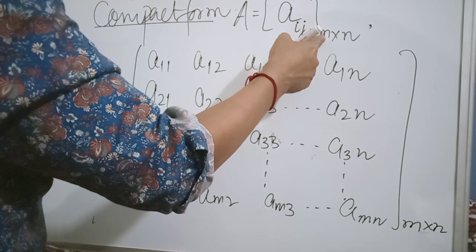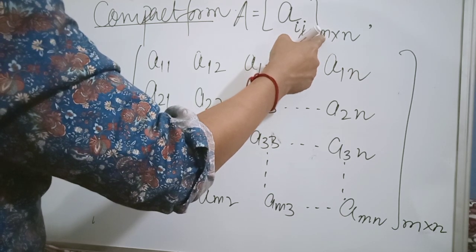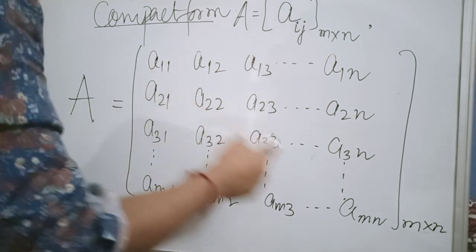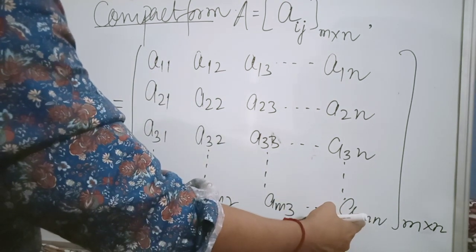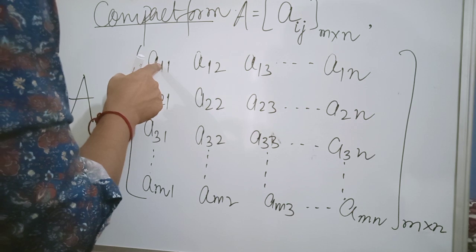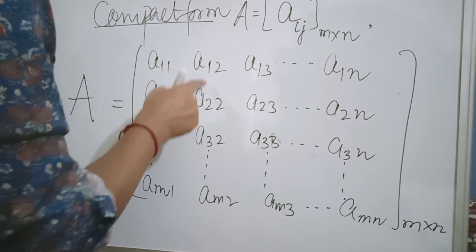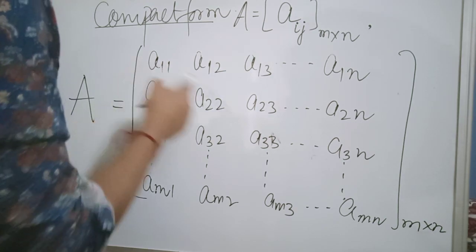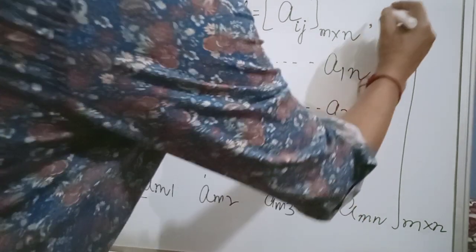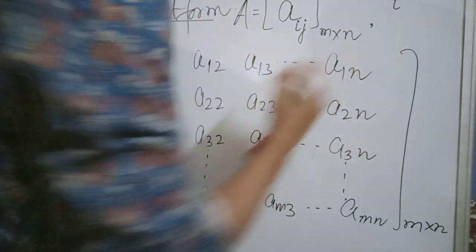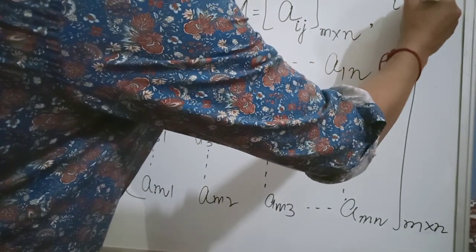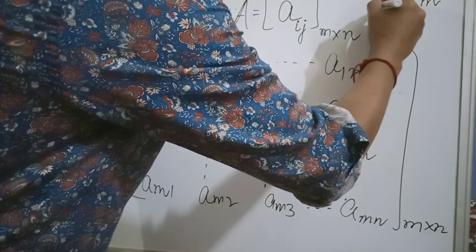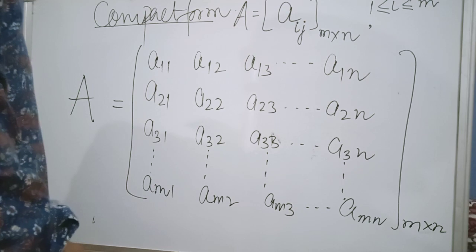How many rows are there? m. So minimum row 1, maximum row m, this is the value of i. So the value of i is less than or equal to m but greater than or equal to 1.